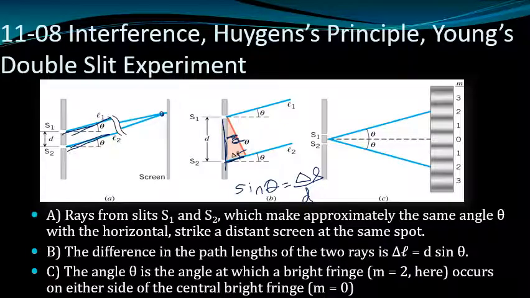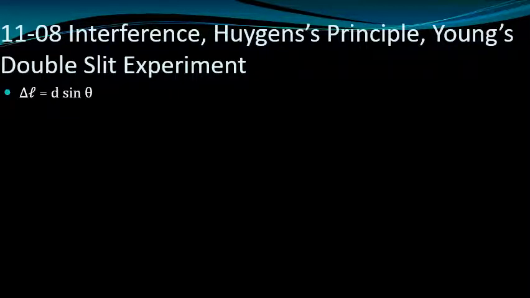For picture C, the angle is the angle at which the bright fringe occurs on either side there. So, oh, hey, we could use trigonometry there also, since that gives us right angles. So our difference in path length is d sine theta, and our bright fringe occurs when our difference in path lengths is some whole number of wavelengths.